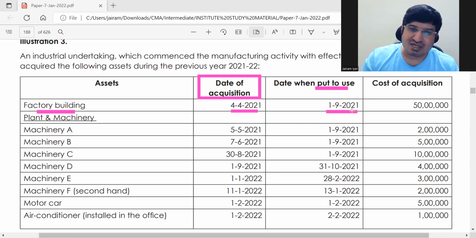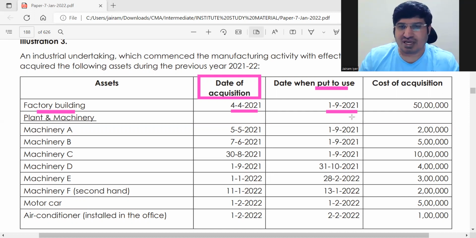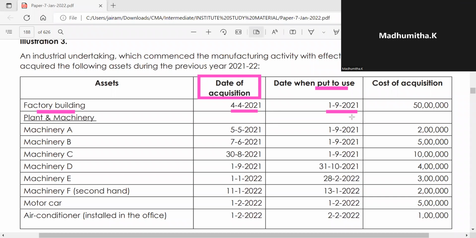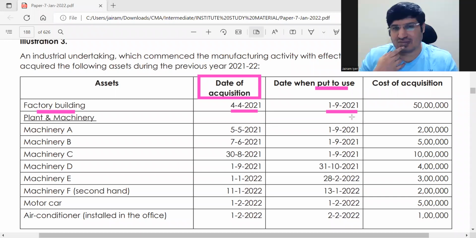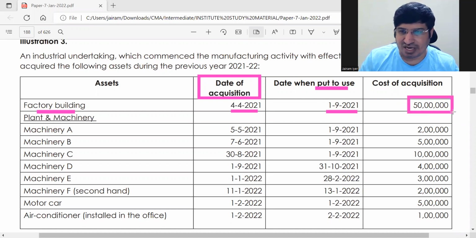So tell me, if I put it to use on 4th October, then what will happen? 50%, sir. Yeah, correct.